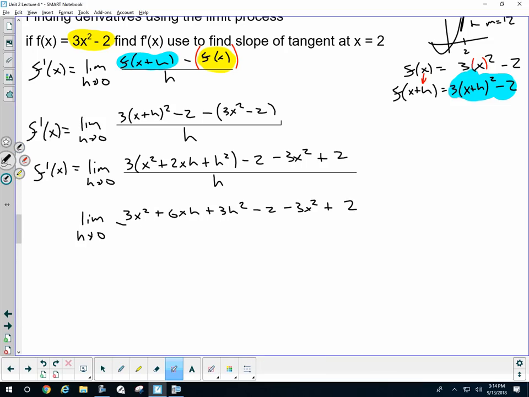We distribute the 3. Now stuff should pop up. I was like, oh, yep. Those 3x squareds, they cancel. Minus 2 plus 2, that's gone.